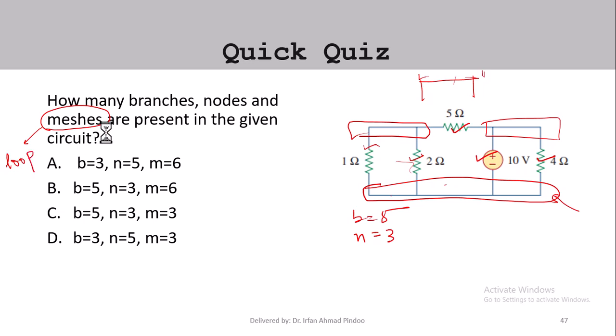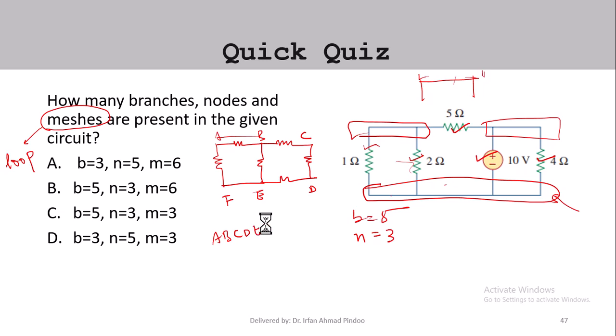Loop is like, suppose we talk about a circuit like this, and we have something like this, and let us call it A, B, C, D, E, F. Now this A, B, C, D, E, F is a loop, but A, B, C, D, E, F is not a mesh, because a loop is any closed path, so it is general. A mesh is a closed path inside which there is no other closed path.